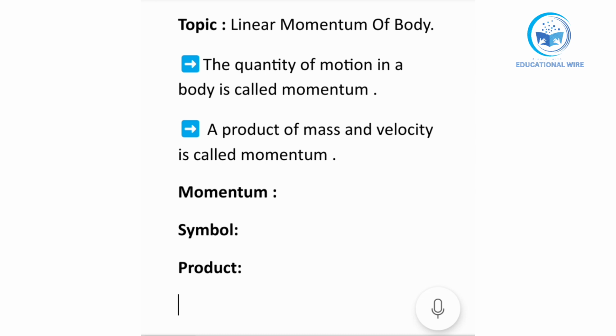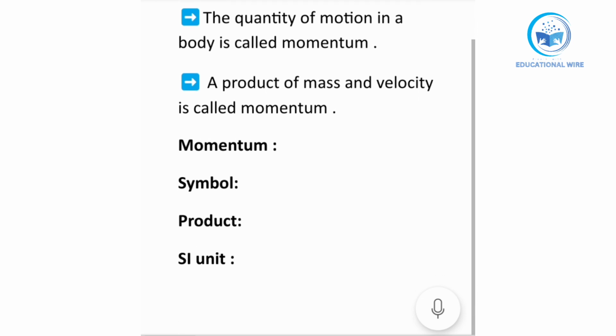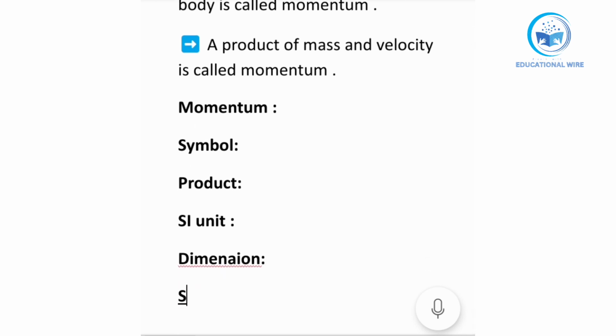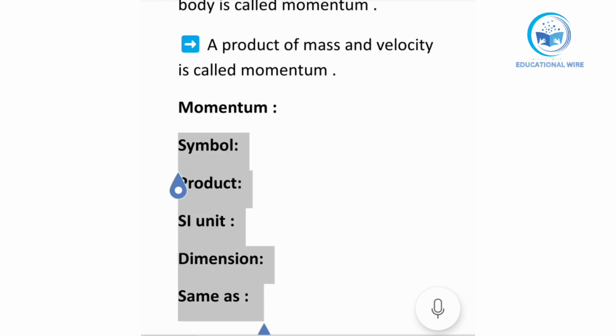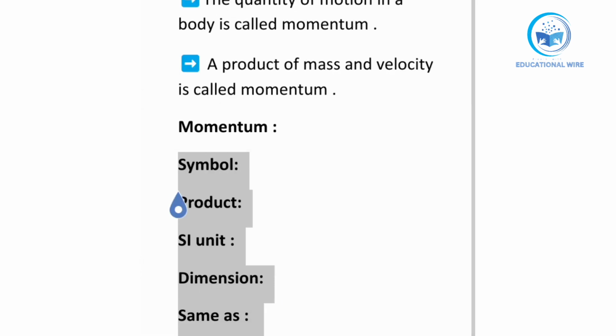Then we'll talk about its SI unit, then its dimension, and lastly what it is the same as. Okay, so these things we will do now in momentum to understand momentum very clearly.